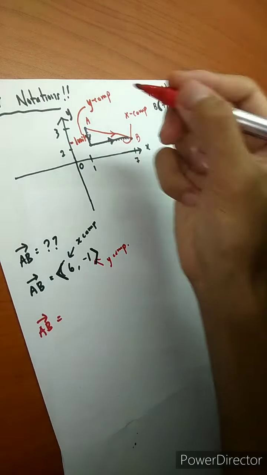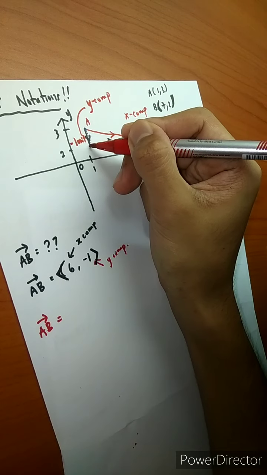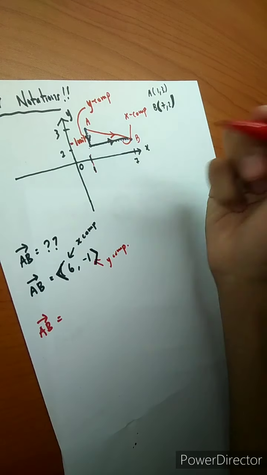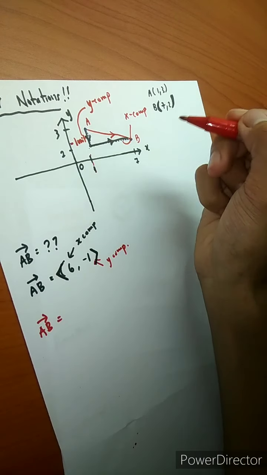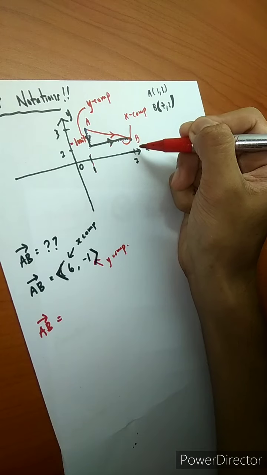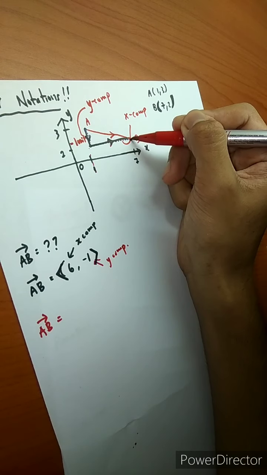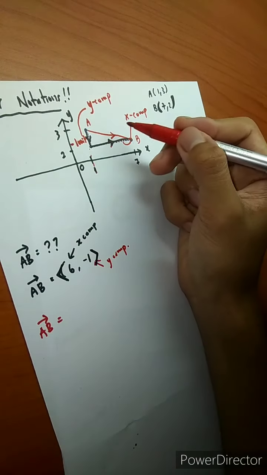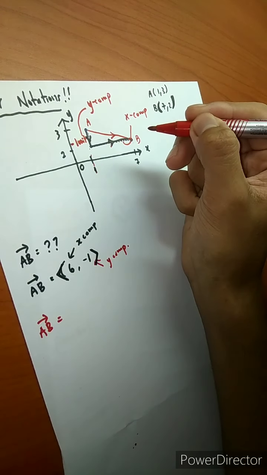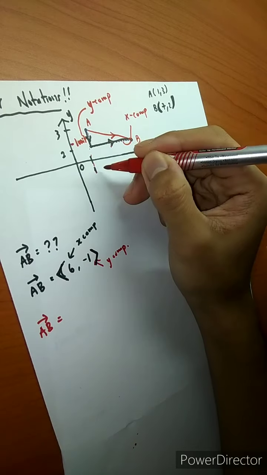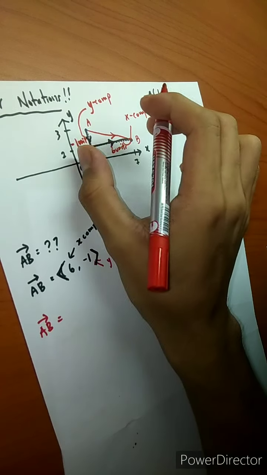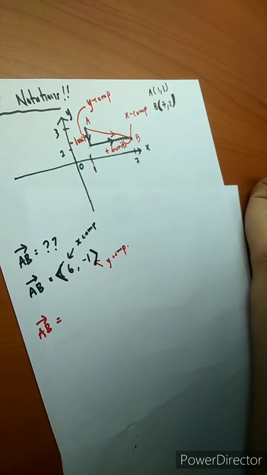And from over here, which is supposed to be 1 at the x coordinate, towards this path to the point where x equals 7, how many units does it travel? It is simply 7 minus 1, which is 6 units. Since it is to the right side, it is positive.